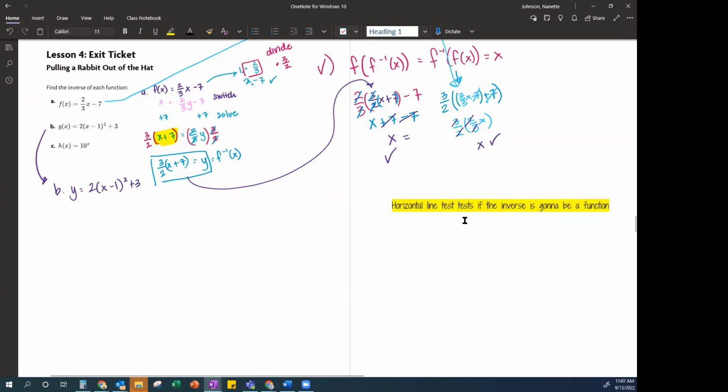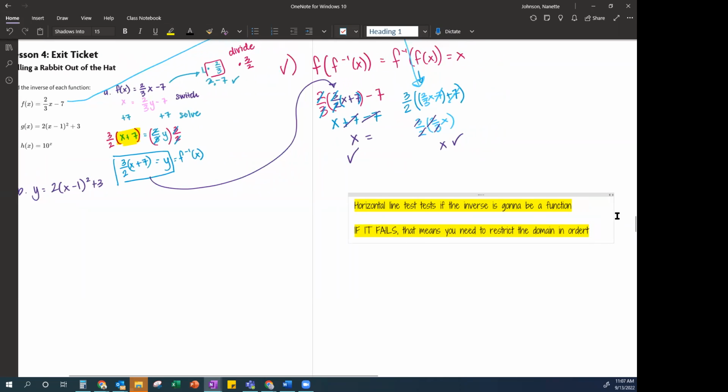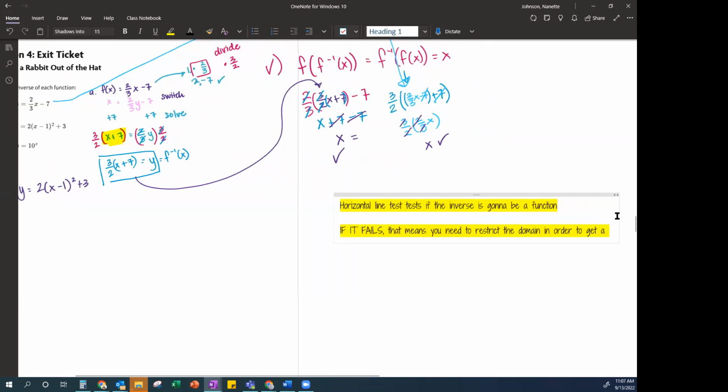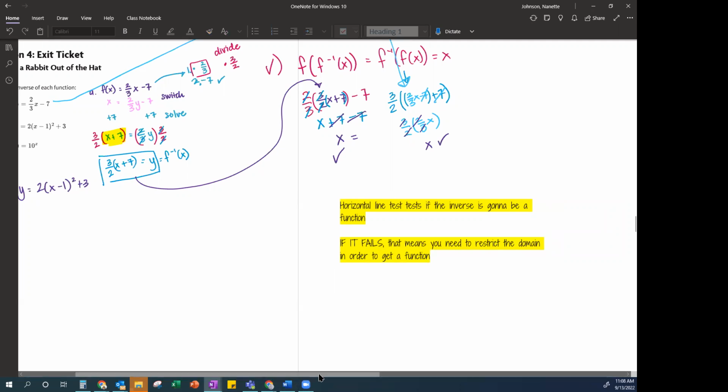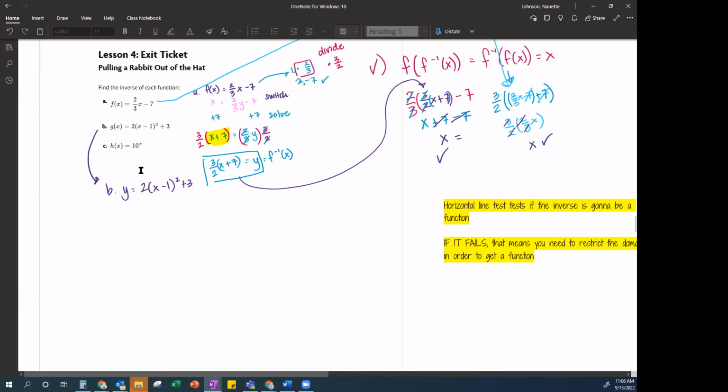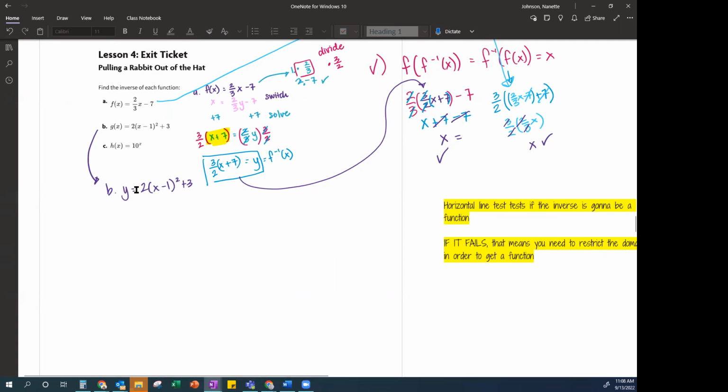Okay, so the horizontal line tests if the inverse is going to be a function, and then if it fails, that means you need to restrict the domain in order to get a function. Does that make sense? You have to restrict the domain. I'll explain what that means in a second. But for this one, it restricts it for you, so you're okay.